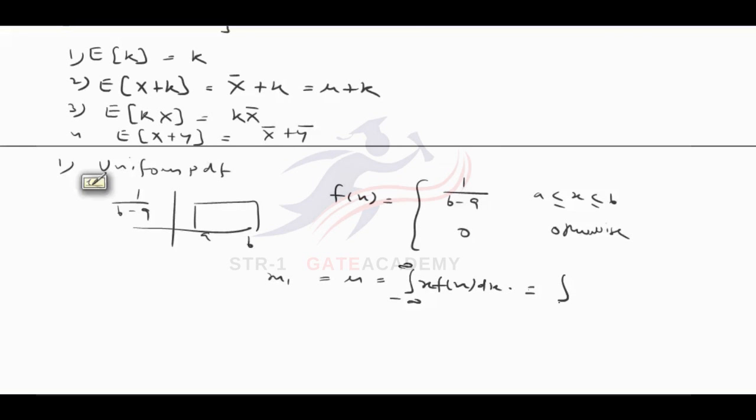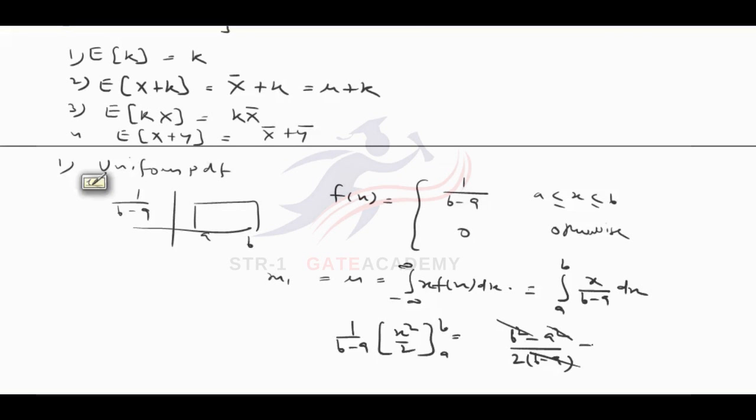While applying the formula we get the result: integral of x times 1 upon b minus a dx, which is 1 upon b minus a times x square divided by 2 from a to b, that is b square minus a square upon 2(b minus a). The result will be b plus a divided by 2. This means the mean value is in between a and b.